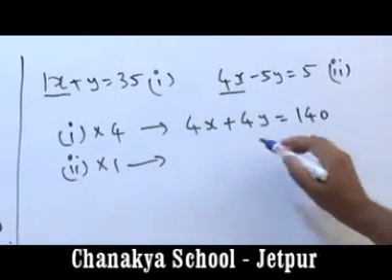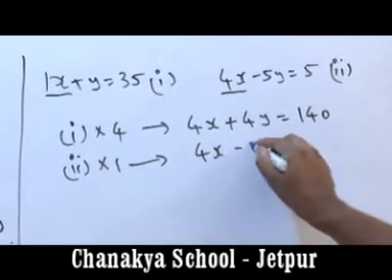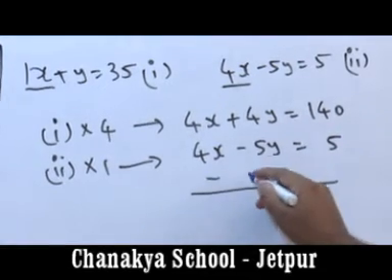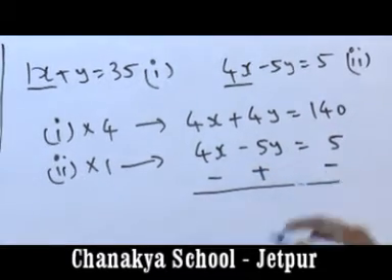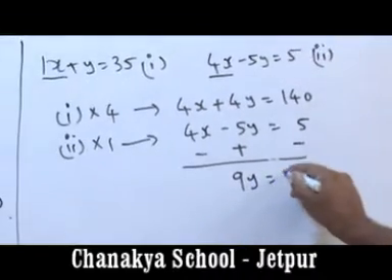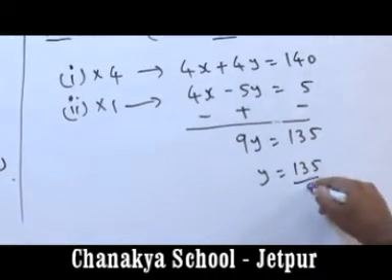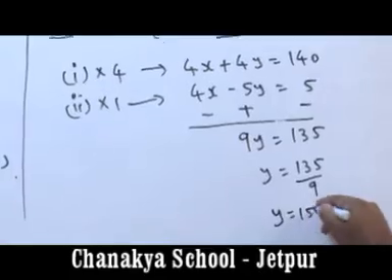Here multiplying equation 2 with 1, 4x minus 5y equal to 5. Changing sign, minus, plus, minus. Here 9y equal to 135, y equal to 135 divided by 9, y equal to 15.